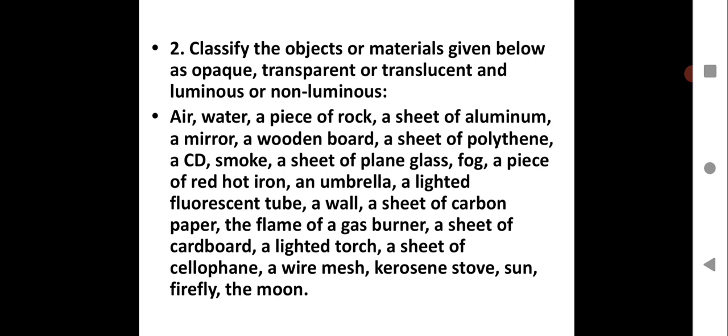Let's go for the next. Classify the objects or materials given below as opaque, transparent or translucent, and luminous or non-luminous. You have to classify the many objects or materials given here, and you have learned about opaque, transparent, translucent, luminous and non-luminous objects or materials.